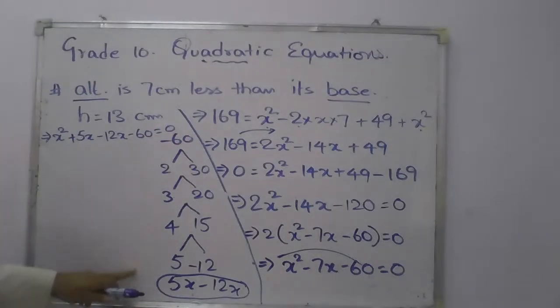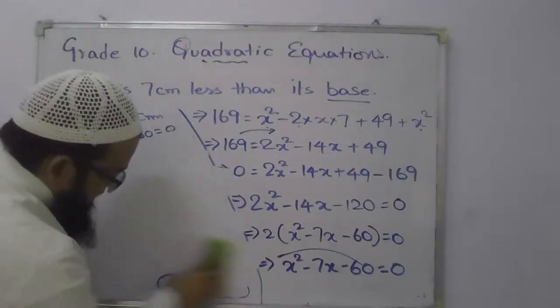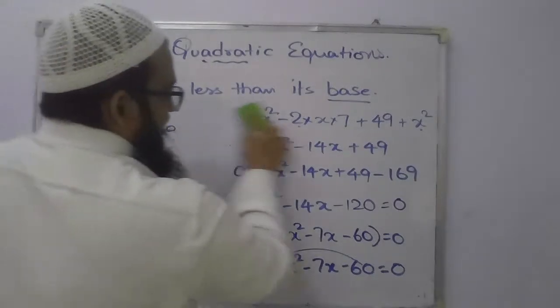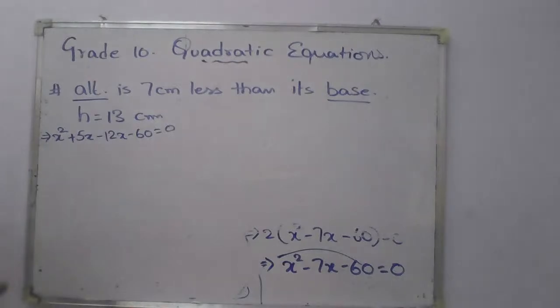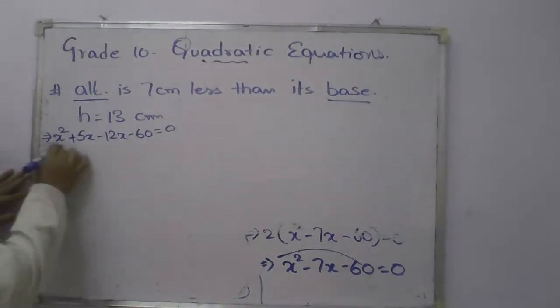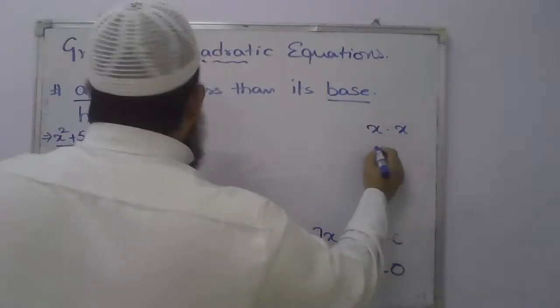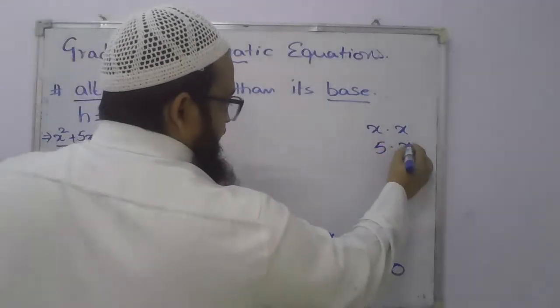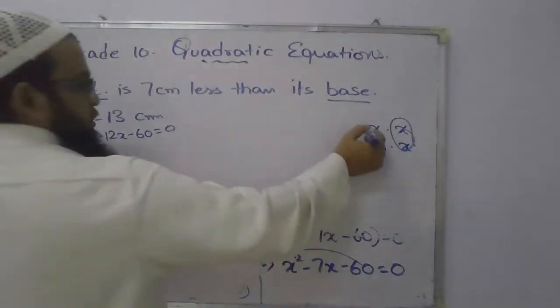So please try to do it. Now I am rubbing. So let us see. What is common in these two terms? x square and 5x, x is common. Take x common. What is left out? x plus 5.